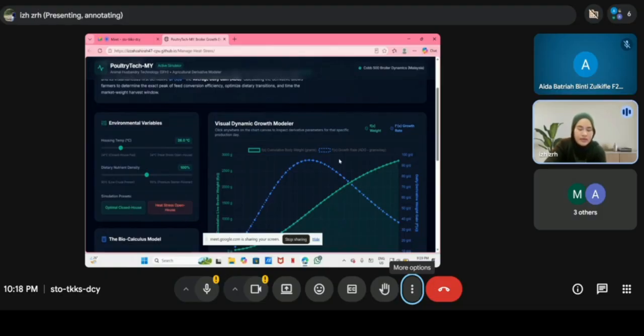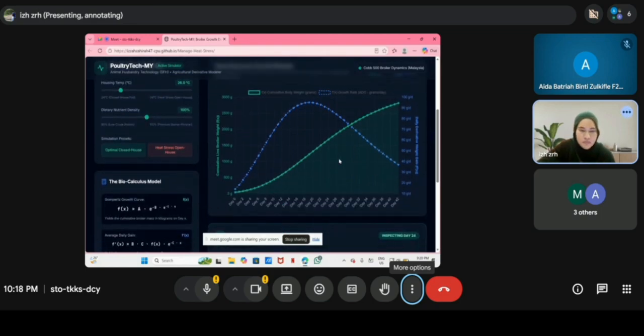Furthermore, it highlights the critical harvest window between day 35 and 42 to achieve an optimal feed conversion ratio (FCR). Under heat stress, this window shifts drastically, signaling an operational warning to the farmer.